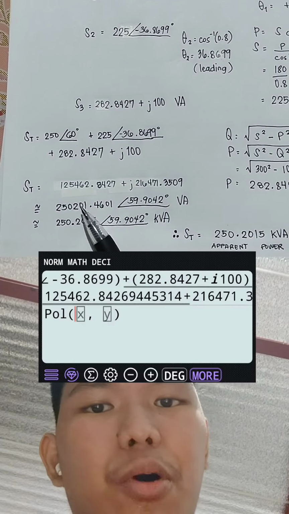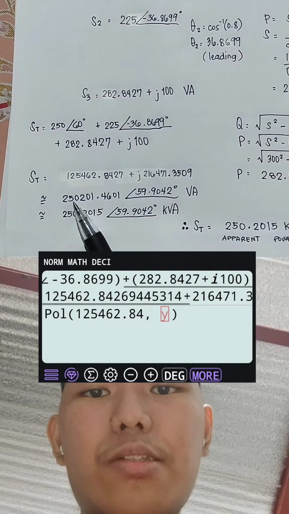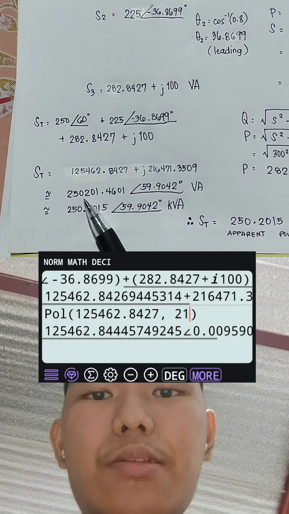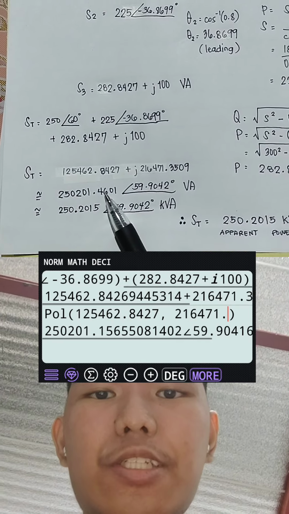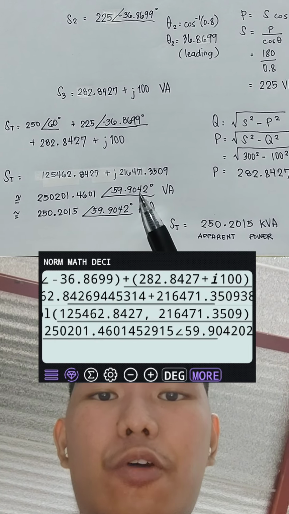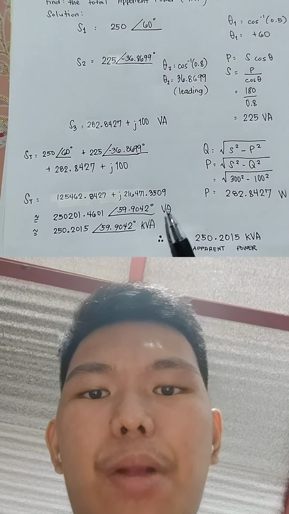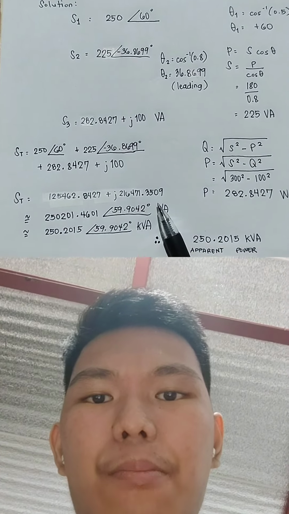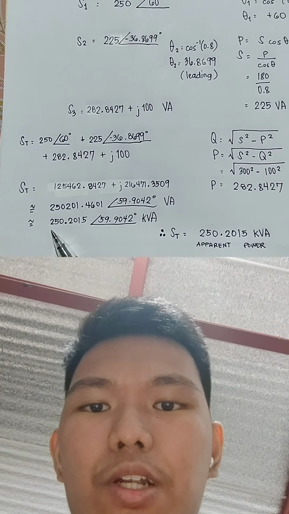For its polar form, it is equal to 250,201.4601 angle 59.9042 degrees VA. Since we are finding its apparent power in kilovolt amperes, we will convert it to kilo form.